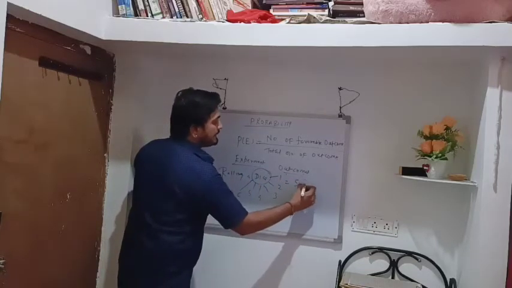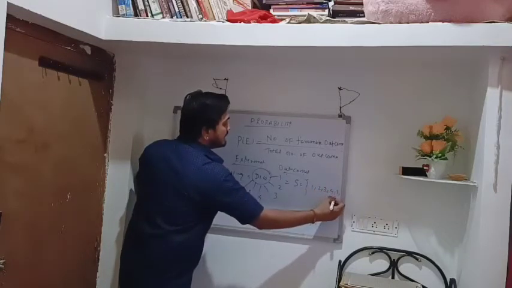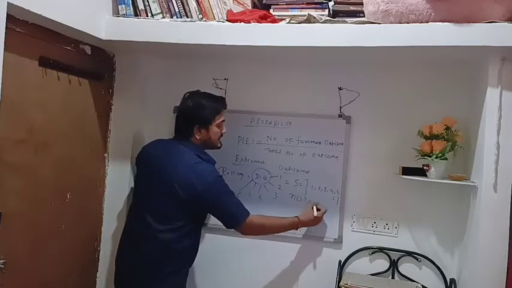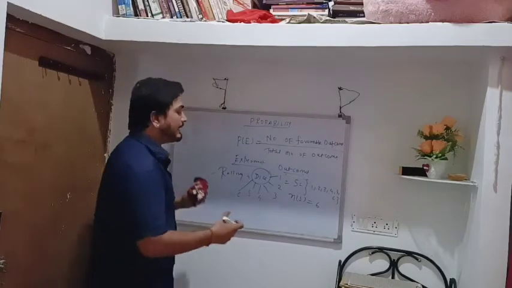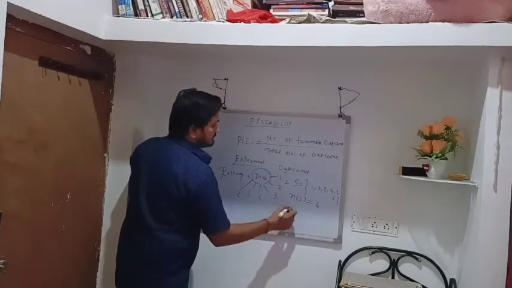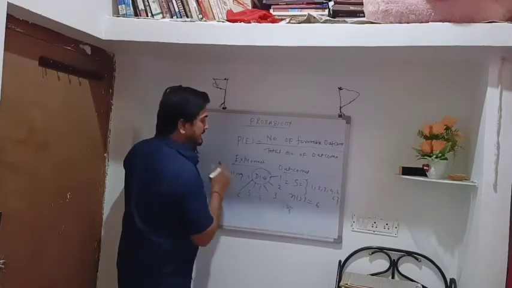So the sample space is 1, 2, 3, 4, 5 and 6, and the total number of outcomes is equal to 6. Is it clear?